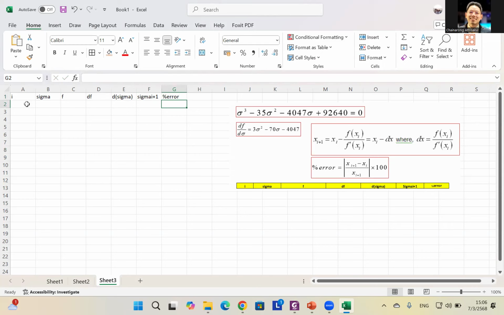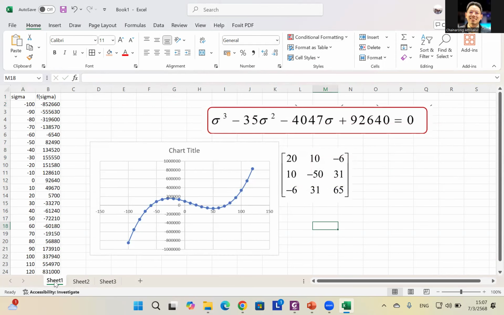Okay. We do the same, right? And back to the first sheet. We already did it. What value did we get? We got 59 and maybe around here. We already selected this for the bisection.